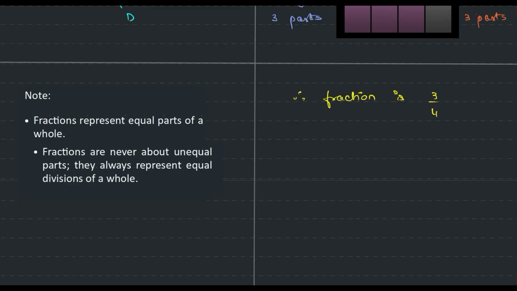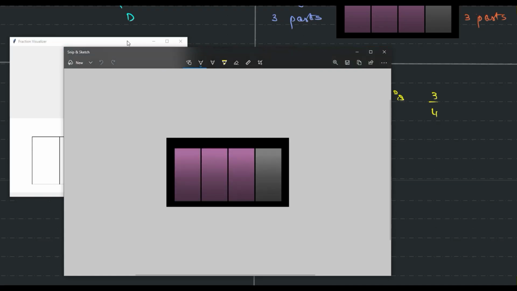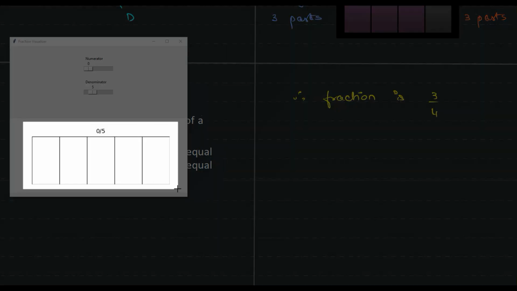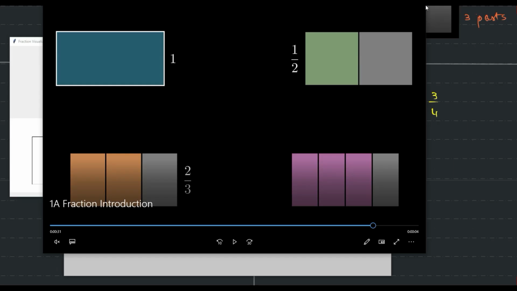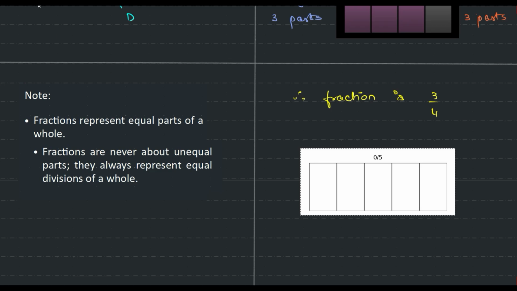I have one more example. Say I have 5 equal parts. Say this is 5 parts.